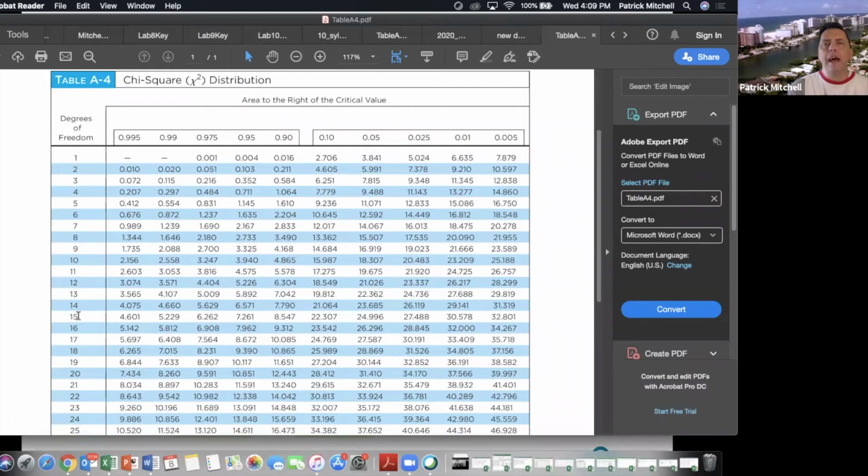So remember that the level of significance is 0.01. That means an area 0.01 to the left of the critical value, because this is a left tail test. And that means 0.99 area to the right. So if I go over to the second column, I find this 5.229 that they have in the picture.